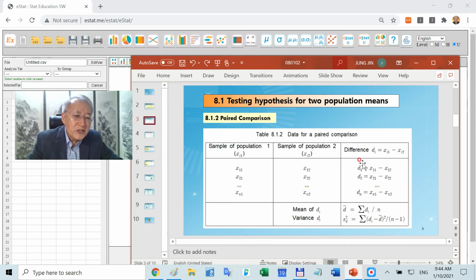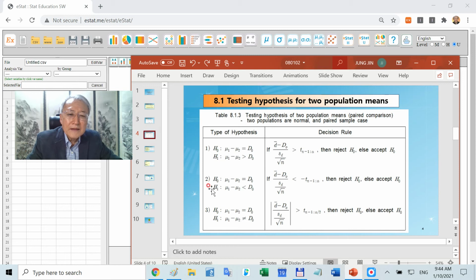As far as this single data set is concerned, we already studied that. It's a hypothesis test about the population mean. It is the same thing. Even if you have two populations, before and after, the test statistic uses the sample mean of the differences and the sample standard deviation.